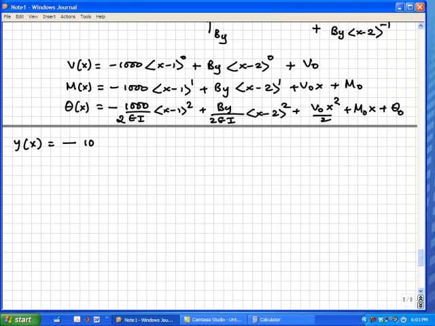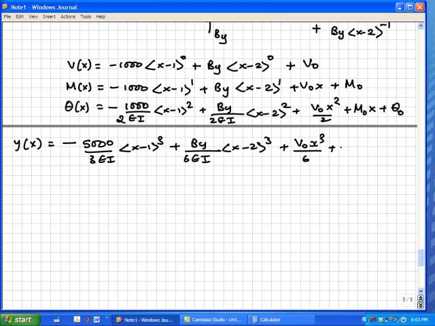It will be minus 1000 over 2, that's 500. So I'm going to write it as 500 over 3 EI times x minus 1 cubed plus By over 6 EI times x minus 2 cubed. The usual constants, the usual suspects are here.